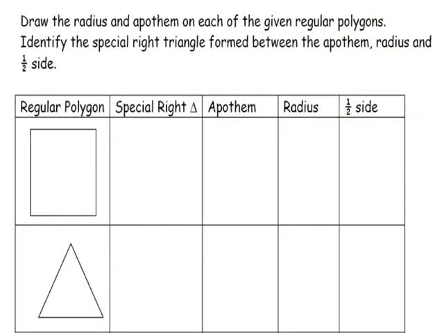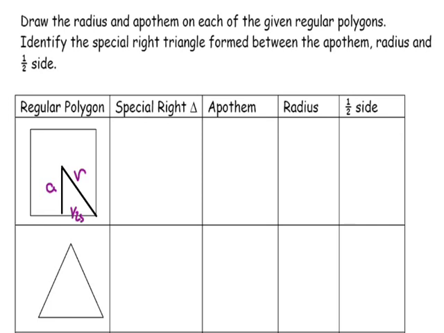In three regular polygons, the triangle that's formed by the radius, the apothem, and the half side is a special right triangle. So if I look at my square here, which is the first of the three, there's my apothem, there's my radius. Let me label those: apothem, radius, half side.